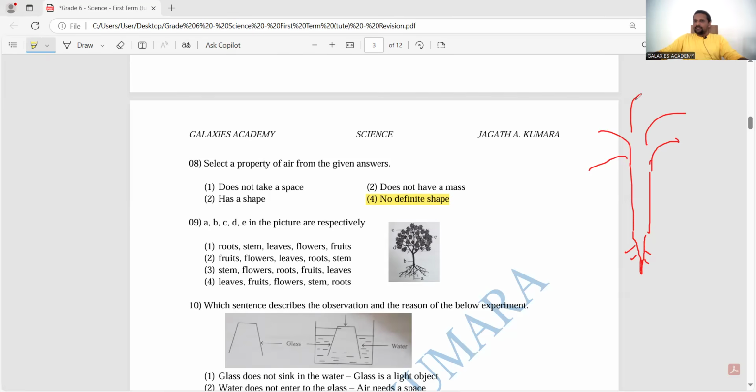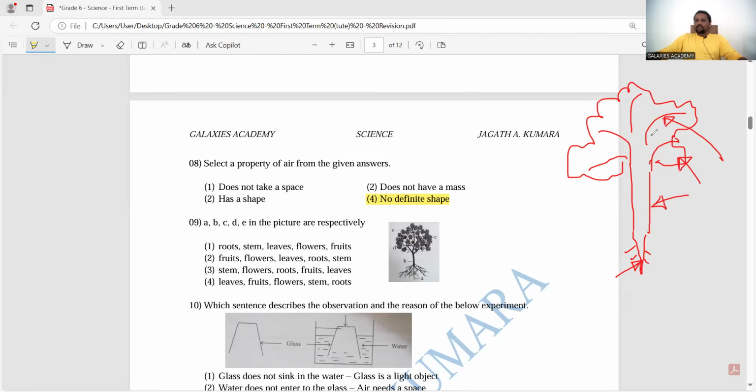Right, you think like this tree. These are known as the roots, no? This is a taproot. These are the lateral roots, and this part is known as the stem. These parts are known as the branches, right? These are known as leaves.